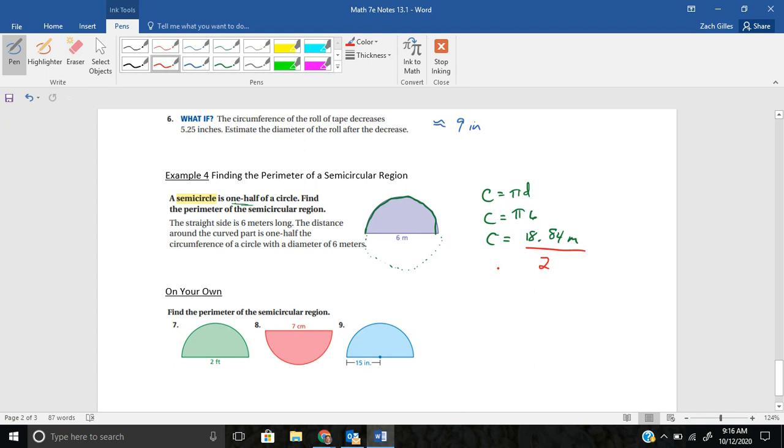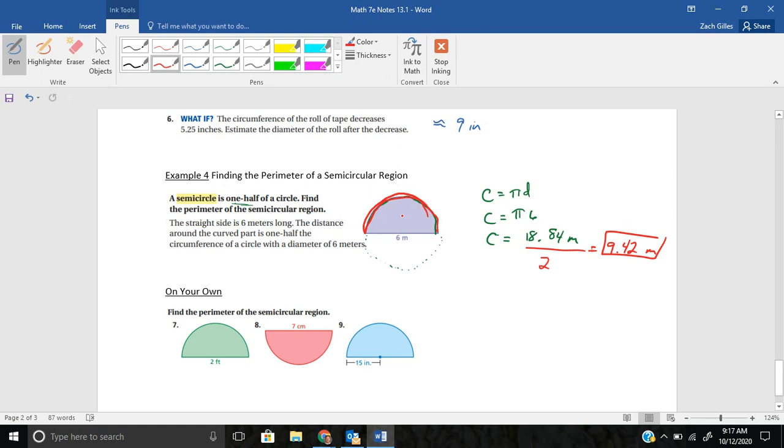Should give me 9 point something, 9.42, and that would be meters for the semicircle. Okay. Now, that would be this region here. Is that semicircle region right here? Okay.